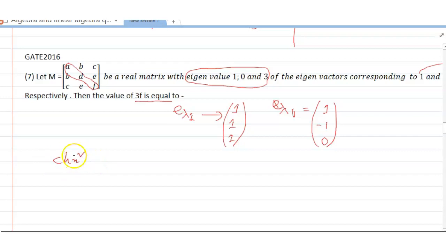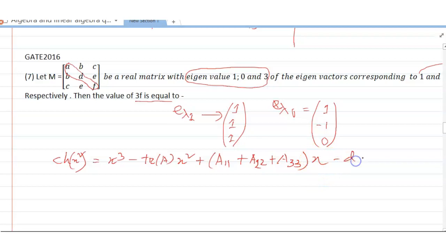The characteristic equation is x cubed minus trace of A times x squared, plus the sum of the cofactors of a11, a22, and a33 times x, minus the determinant. This is the process.